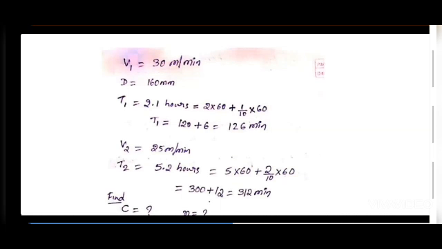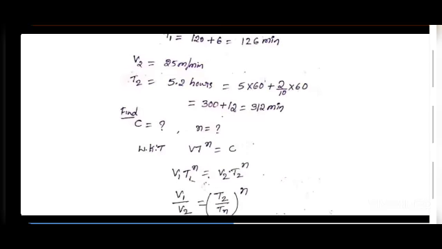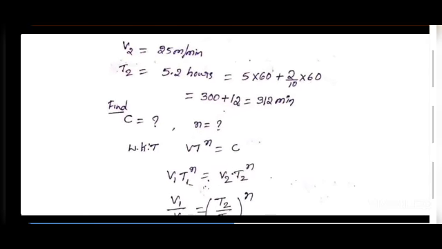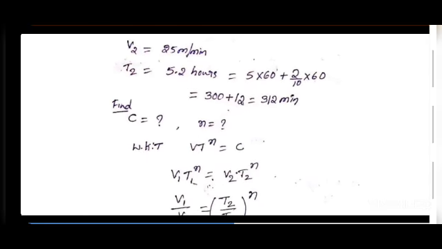By reducing to a smaller cutting speed, tool life increases from 2.1 hours to 5.2 hours. Find out the machining constant C and the exponent constant n.